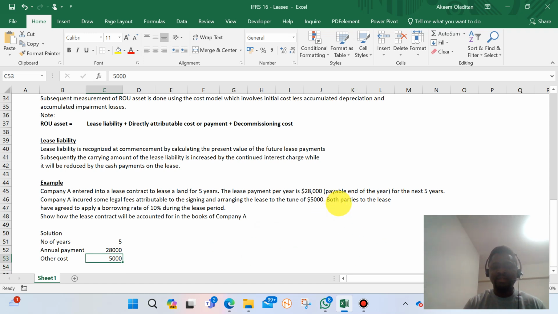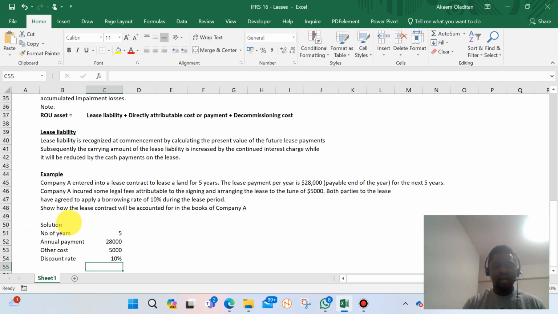So both parties to the lease have agreed to apply a borrowing rate of 10% during the lease period. So the discount rate is 10%. So show how the lease contract will be accounted for in the books of company A.